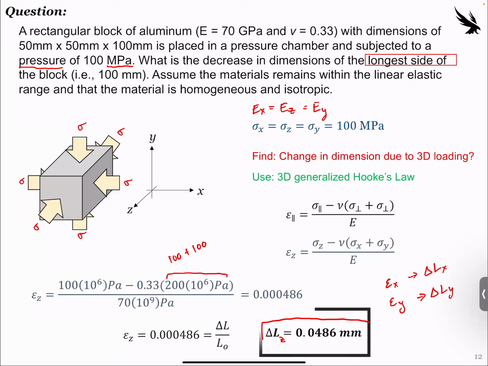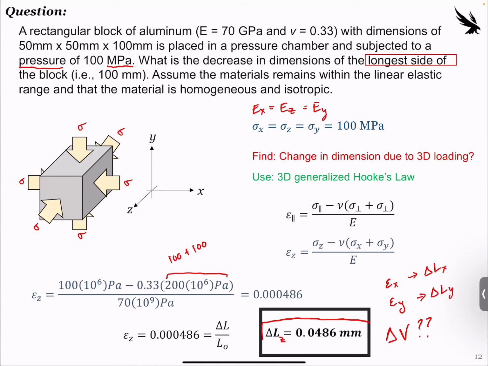You could see where this would actually be pretty useful. We can actually find the change in volume after loading. So you could probably imagine that if this was a hollow box, with some type of air inside, let's say a submarine, and you wanted to see how much the pressure would change for the people inside the submarine, you could actually calculate the change in volume and then the resulting change in pressure.